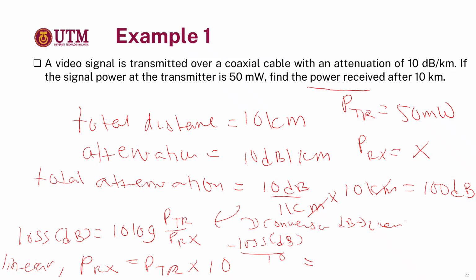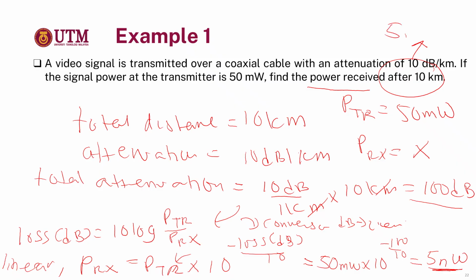P transmitted is 50 milliwatts, times 10 to the power of negative loss. The loss is 100, so negative 100 over 10. When you press your calculator, you will get 591. So this is the power received after 10 kilometer, which is 5 nanowatts.